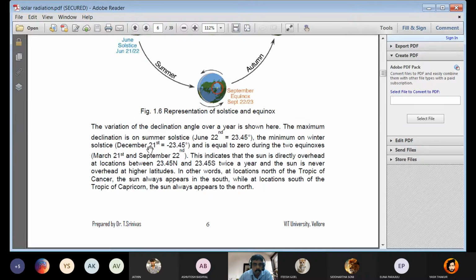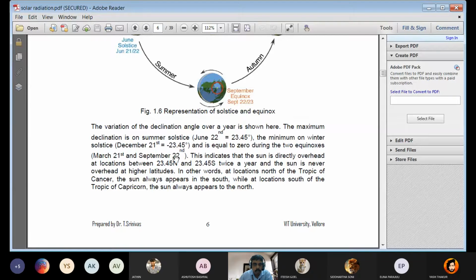The maximum declination is on the summer solstice, June 22nd, at 23.45 degrees. The minimum is on the winter solstice, December 21st, at minus 23.45 degrees. And this angle is 0 at the equinox. What are the equinoxes? 2 days per year, March 21st and September 22nd.